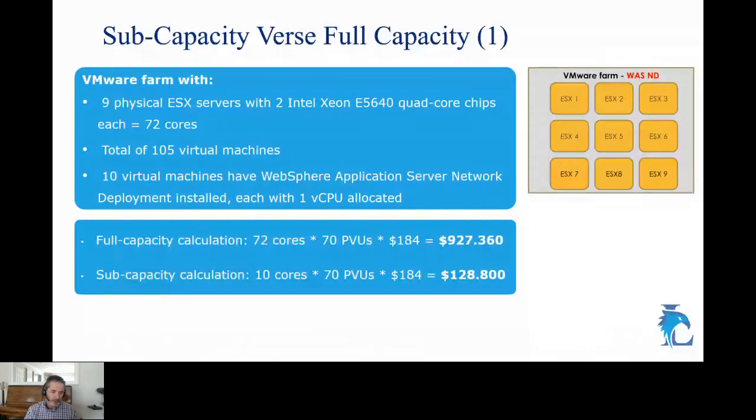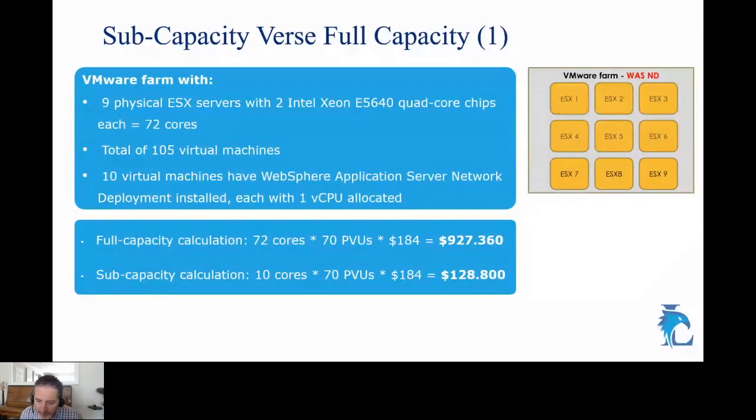Now you can see why it's so important, first of all, to understand what's happening from a subcapacity licensing point of view, but also to be watching it, because it is the single greatest area for compliance risk within IBM licensing. The subcapacity rules, they might have been in compliance at the start of the project and maybe in the first year, but over time they have fallen out of compliance because they have not met the reporting requirements.